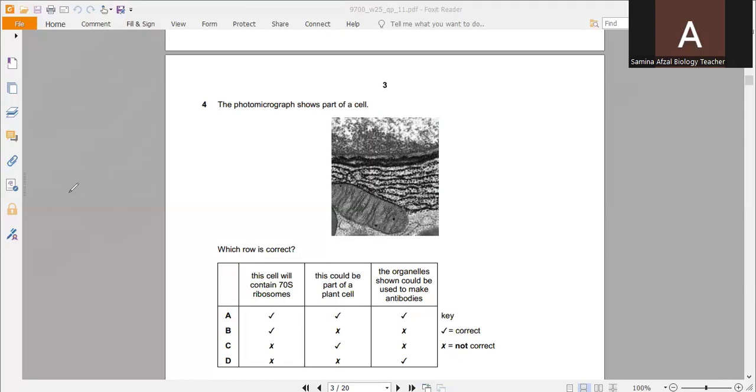First of all, we will observe this photomicrograph. This photomicrograph shows two key eukaryotic organelles: one is mitochondria and the other is rough endoplasmic reticulum. This is rough endoplasmic reticulum and this is the mitochondria.